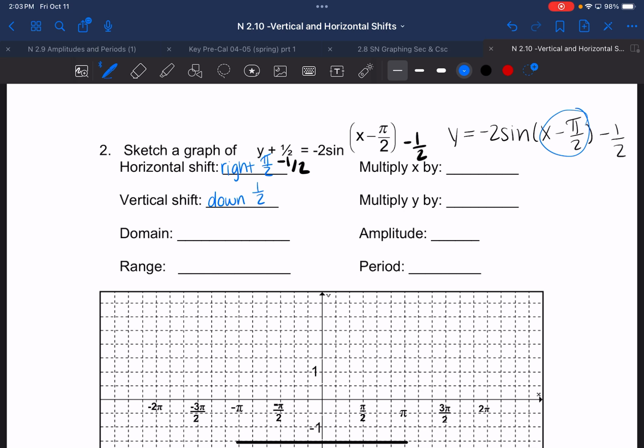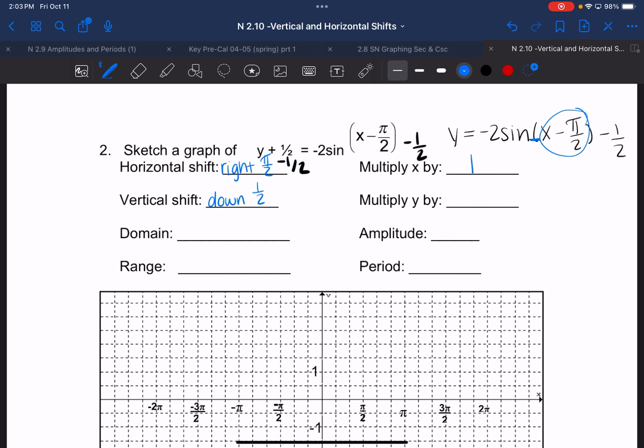The b. So where is b? It's supposed to be right here, right? Is there anything there? So what's it understood to be? 1. So if I flip 1 over, which is what we would do when we multiply, it would still just be 1, right? In front of the x? Yep, right there.